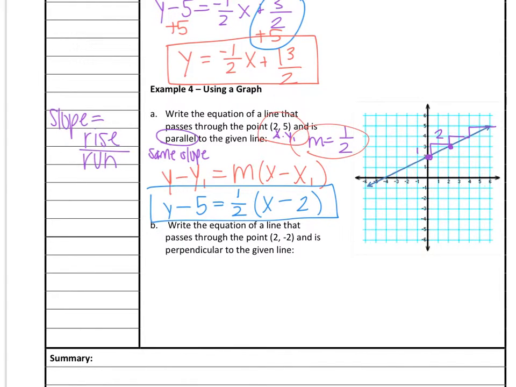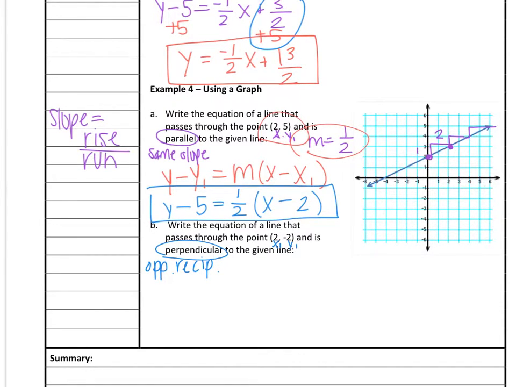Now in part B it says write the equation of a line that passes through the point 2, negative 2. So this is x1, y1, and is perpendicular. This time write yourself a note. Hopefully you're not writing same slope. Opposite reciprocal to the given line.